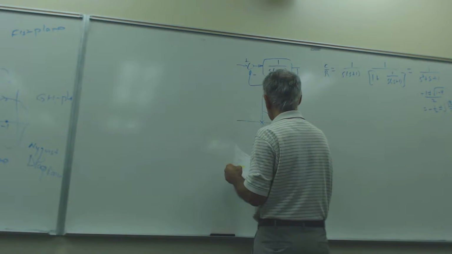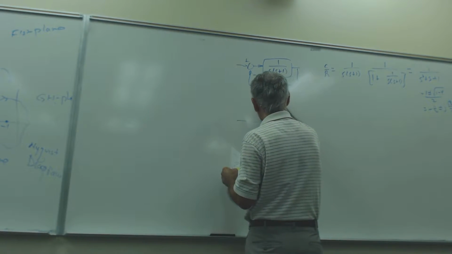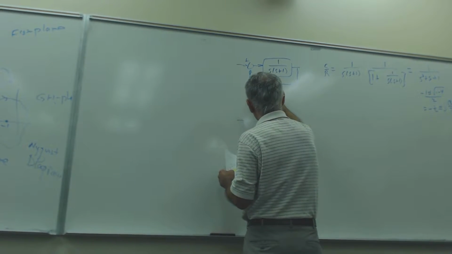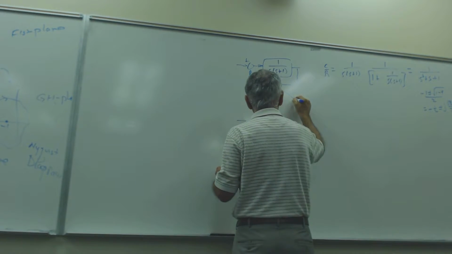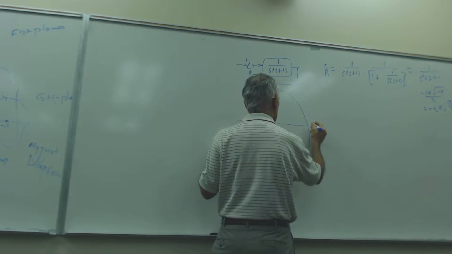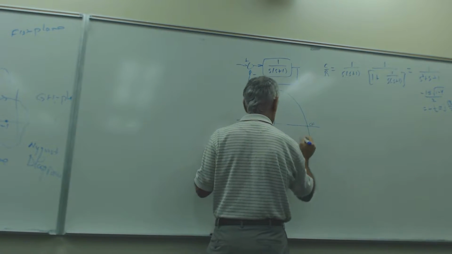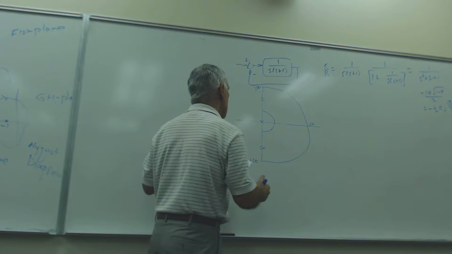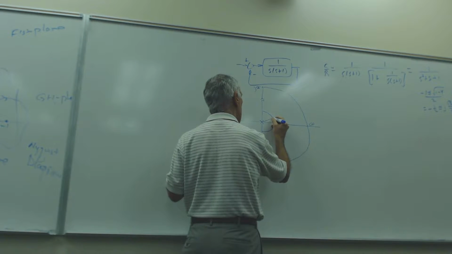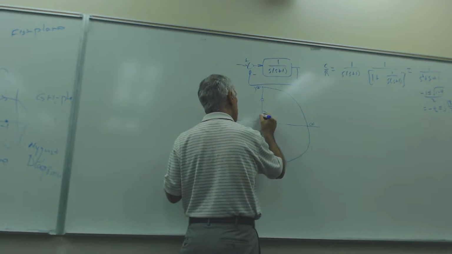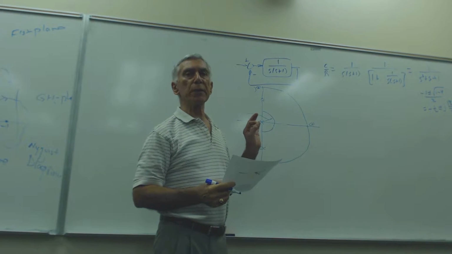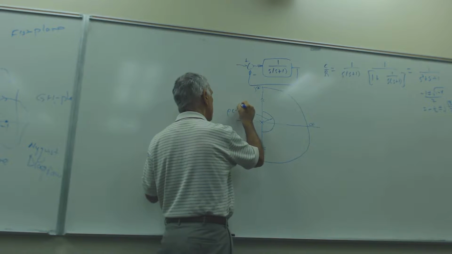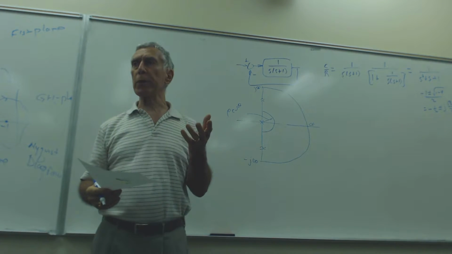Let me draw the whole contour. It goes up the j omega axis to j infinity, and it goes around the whole S plane. This is infinity, this is minus j infinity, and this is just a break in the axis. Here, any point on that little contour inside there is described by rho e to the j theta, which is just polar coordinates, right?